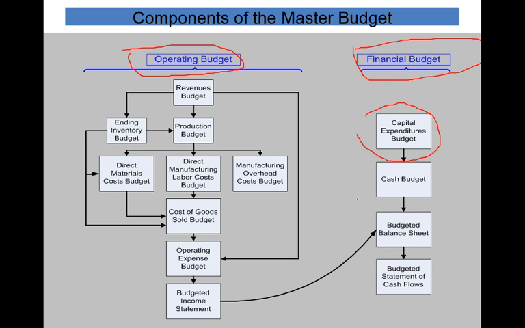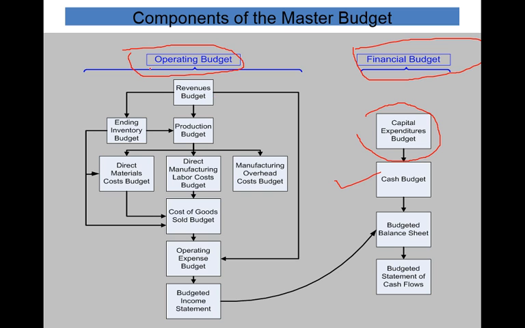And we have other budgets that are typically prepared for a 1 year period and divided into quarterly or monthly periods, like the cash budget. Here we will start with a comprehensive example that consists of operating budgets and financial budgets.